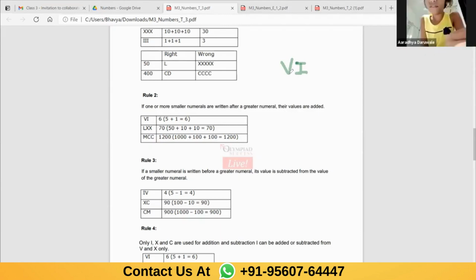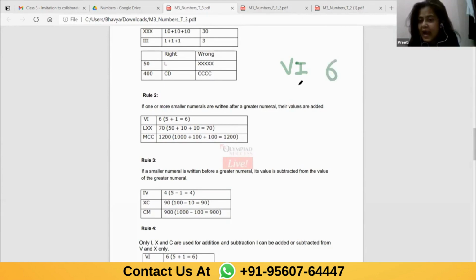What is the value of V? V means 5. And I means? I means 1. So what is 5 plus 1? Ma'am, it's 6. So that is how we get the symbol for the number 6: VI.